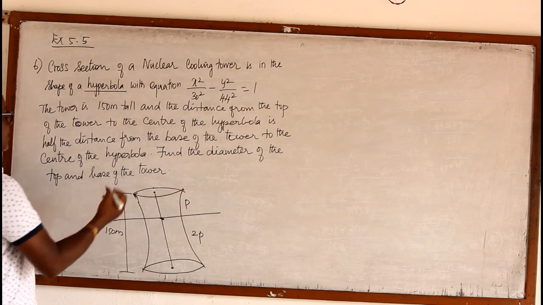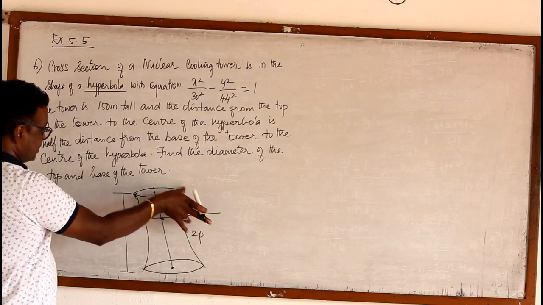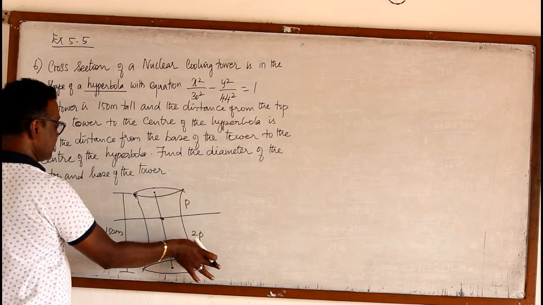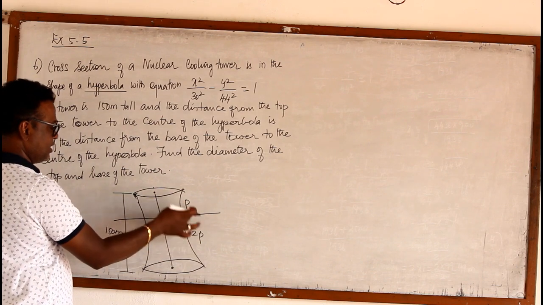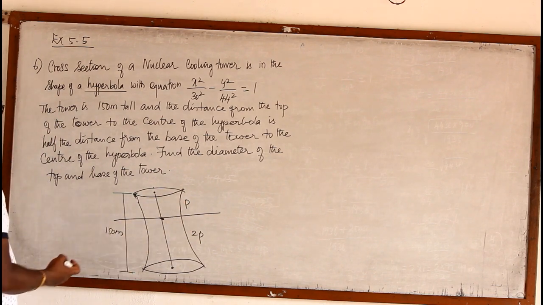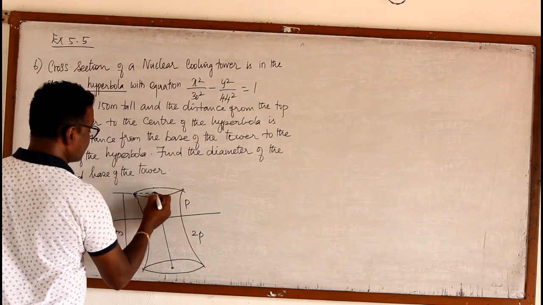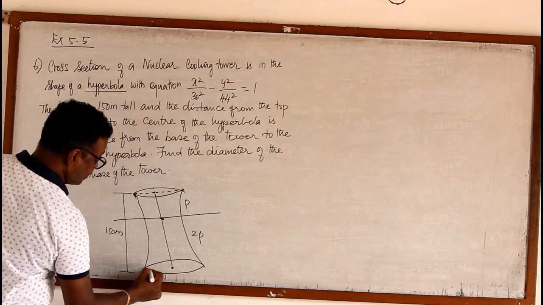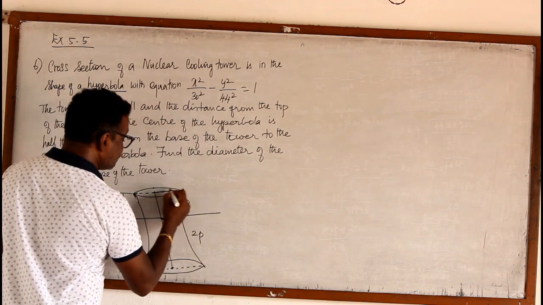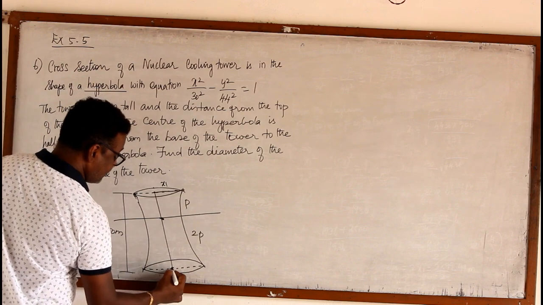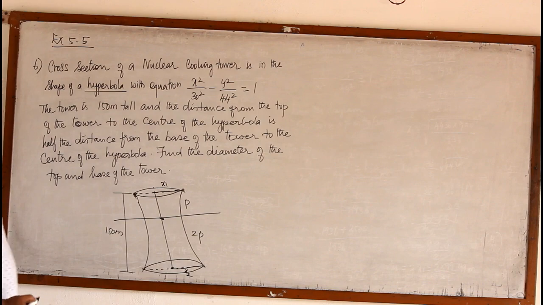Are you understanding? So this is half of the distance from the bottom. Then find the diameter of the top and bottom. So they are asking the diameter of the top of the tower and diameter of the base of the tower. So if I take this one as x1 and if it is x2, I have to find 2x1 and 2x2.